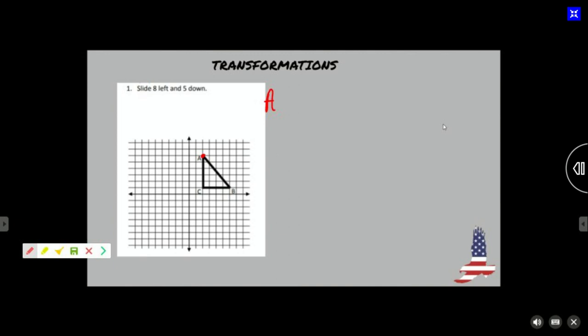It's your problem 1 on the one that says notes. Good. B. Okay. And C. 2, 1. All right.